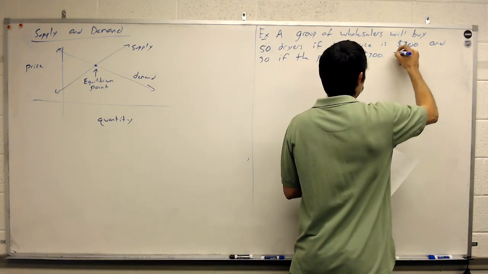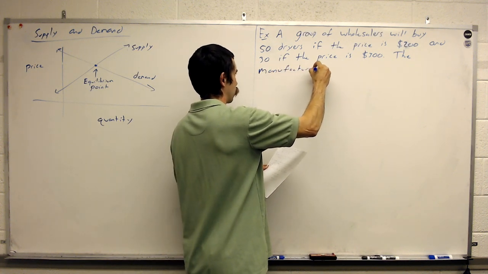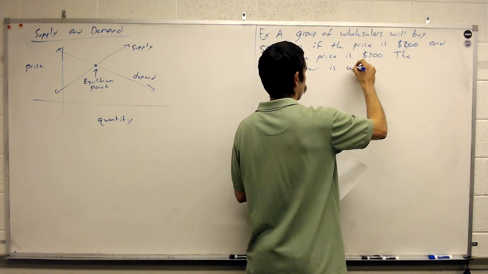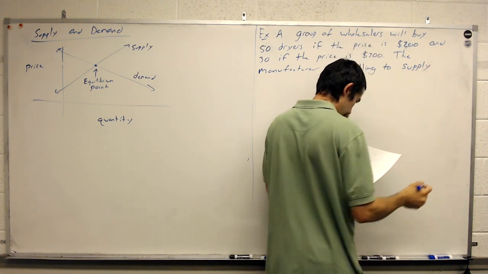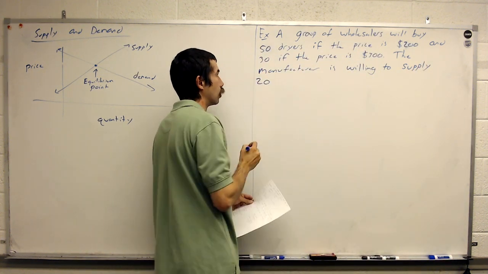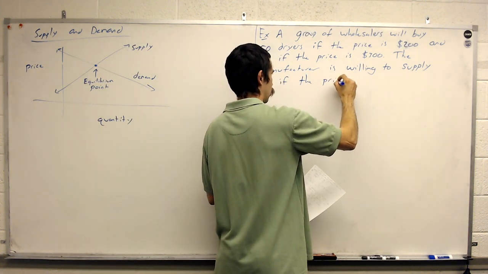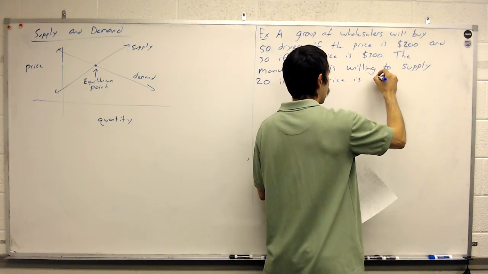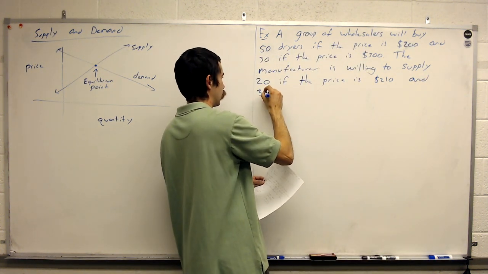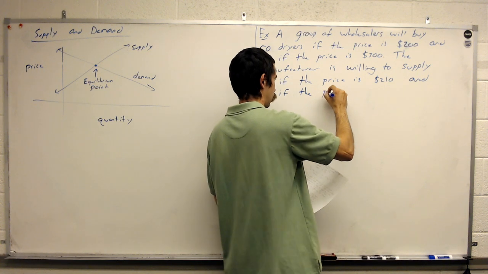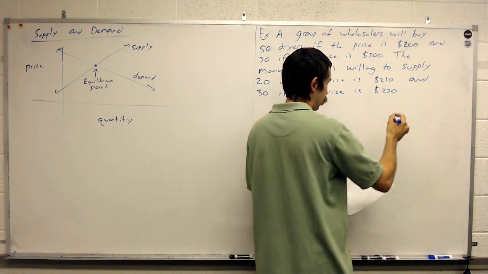The manufacturer is willing to supply 20 dryers if the price is $210, and 30 if the price is $230.